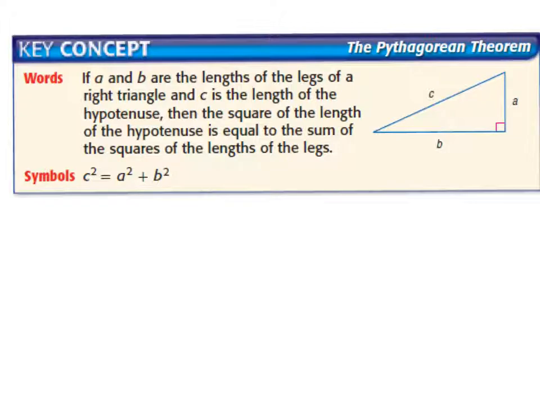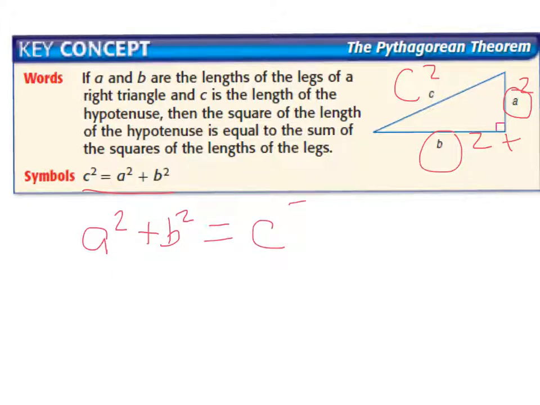The Pythagorean theorem basically says that the two shorter sides, A and B, when those are squared and added together, will equal C squared. So the book tends to use C squared equals A squared plus B squared. We also might see it as A squared plus B squared equals C squared. And knowing that fact, we can use this to solve a variety of problems.